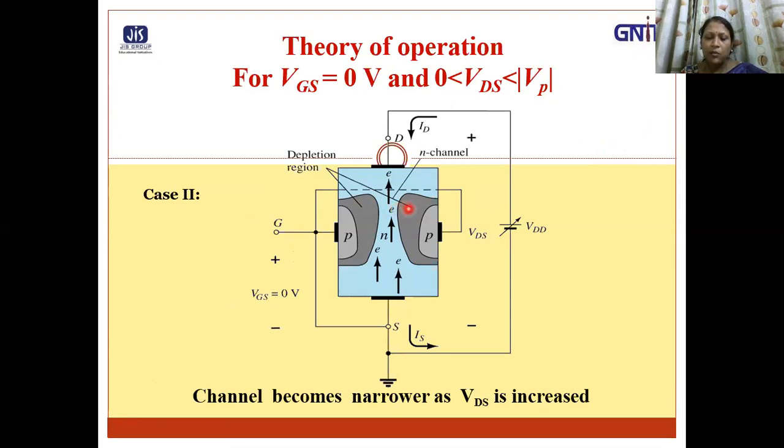But the channel width does not increase if we increase VDS, rather its length increases. As more of the channel reaches the minimum width, the resistance of the channel increases at the same rate at which VDS increases.